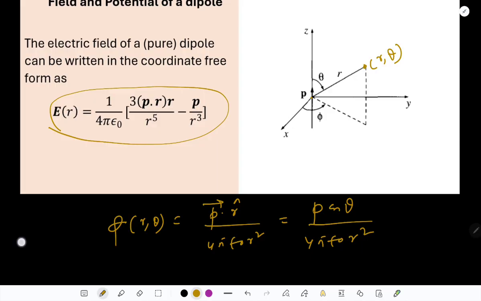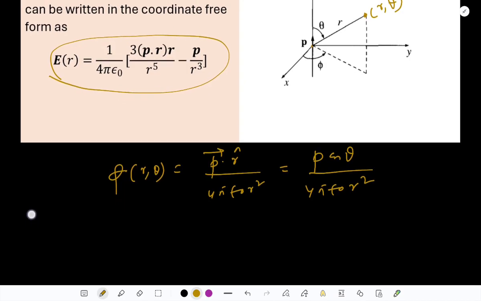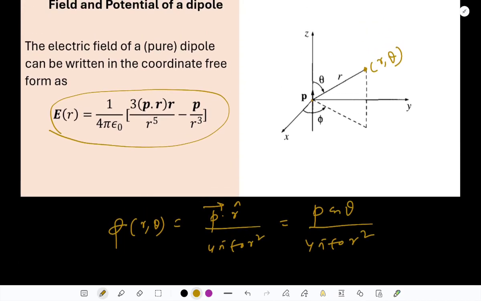And to get the field, that means electric field, we take the negative gradient of potential, because field is negative gradient of potential, and I'm going to find first the electric field in radial direction, that is also called the radial component of the dipole field.